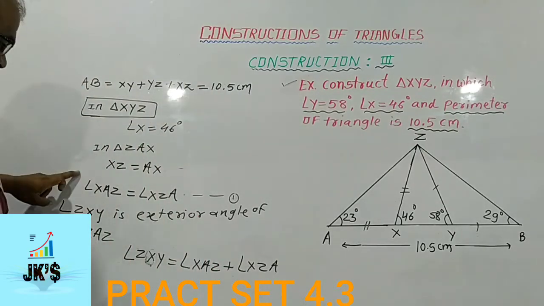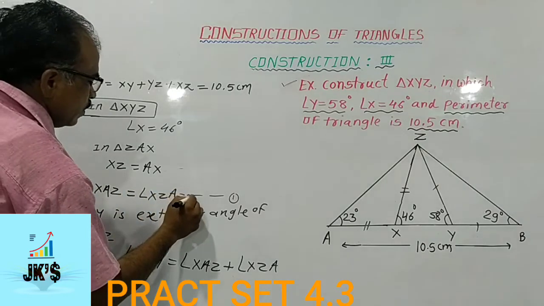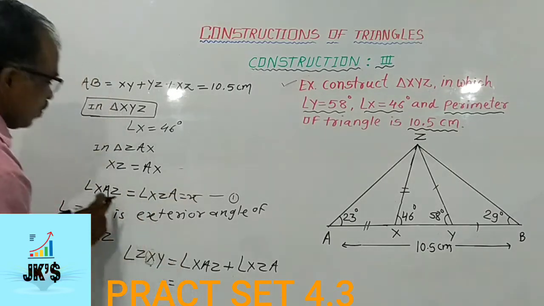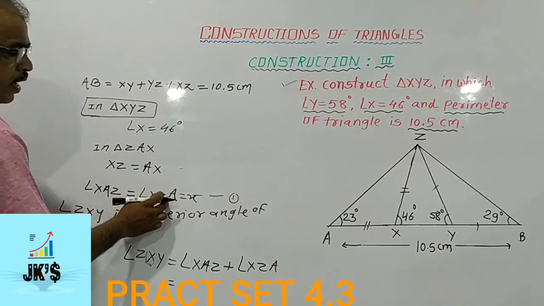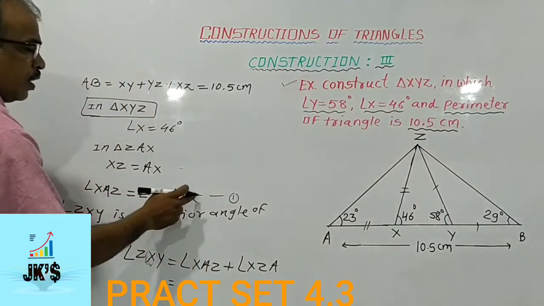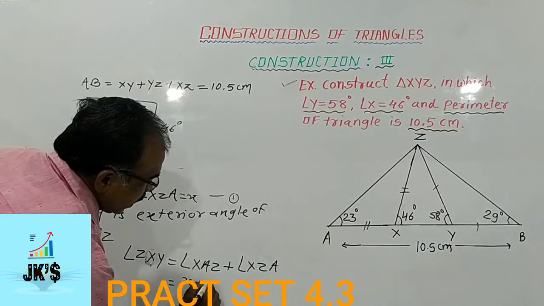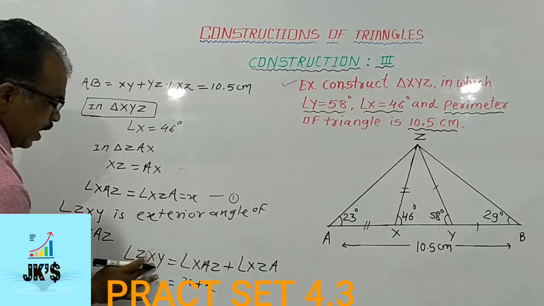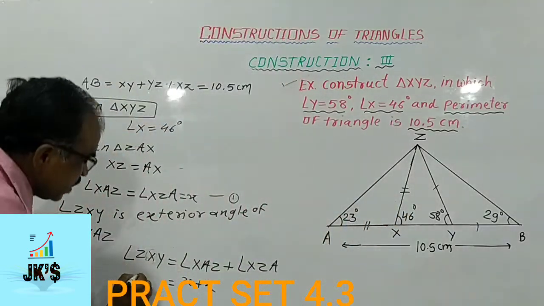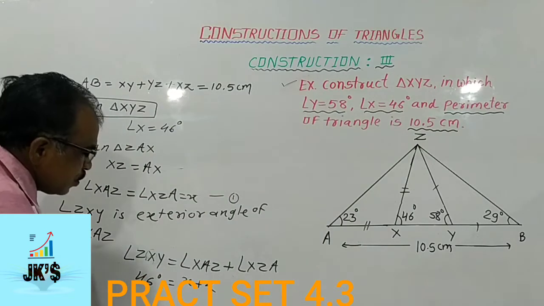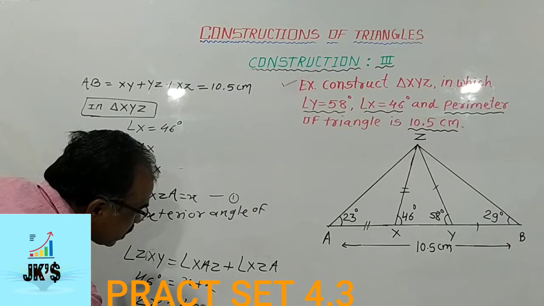But suppose this is equal to x. From 1, XAZ and XZA are equal, and suppose that is x. So x plus x, and our ZXA is given as 46. So 2x equals 46.